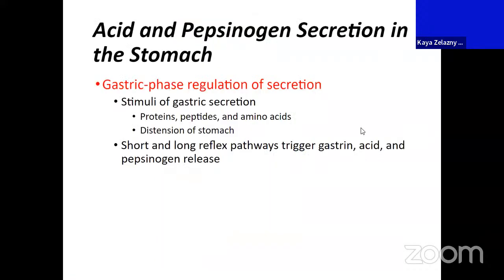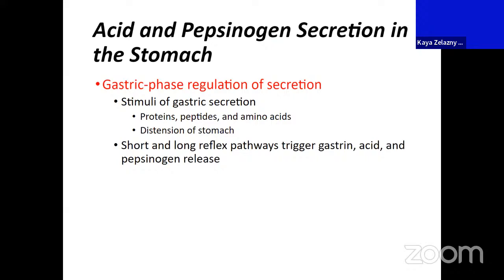Okay. Now, that was all from the cephalic phase, right? So all the signals for that part of the control were coming from, did you see it? Did you smell it? Did you taste it? Okay.